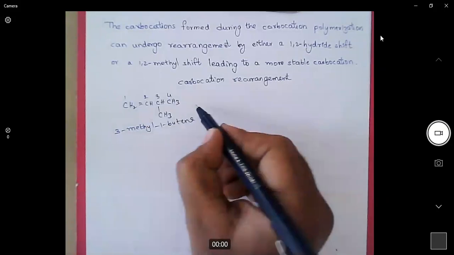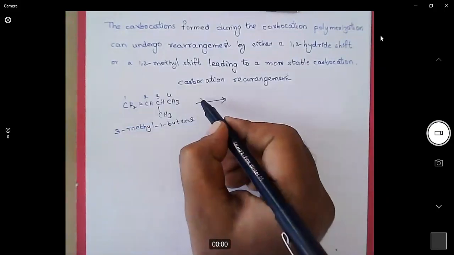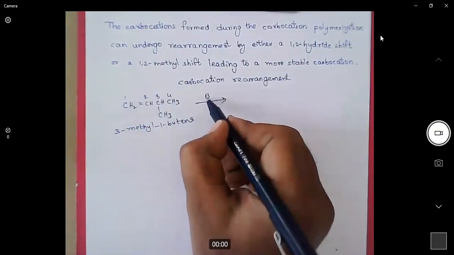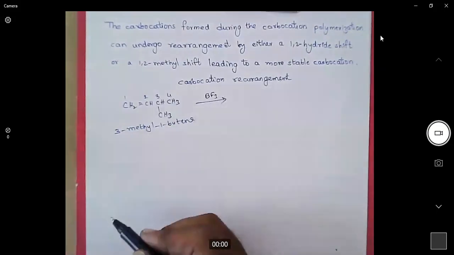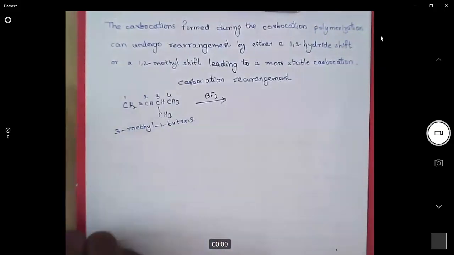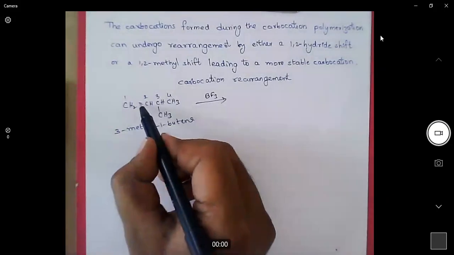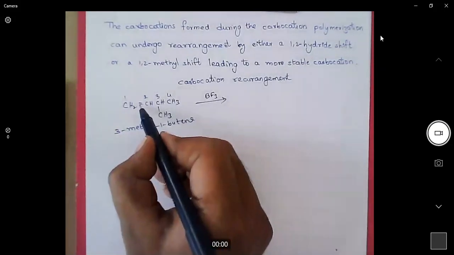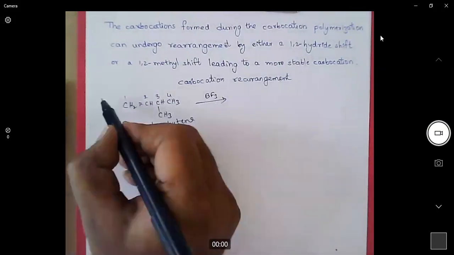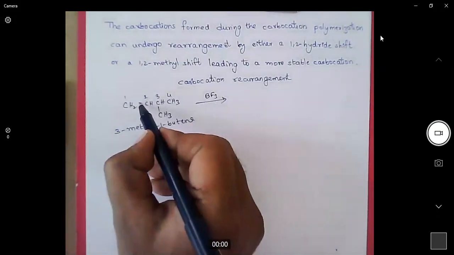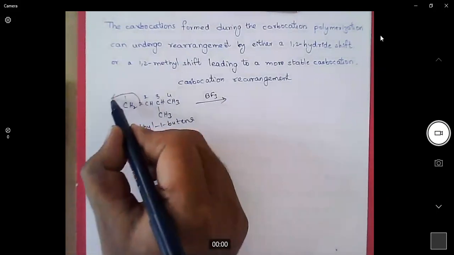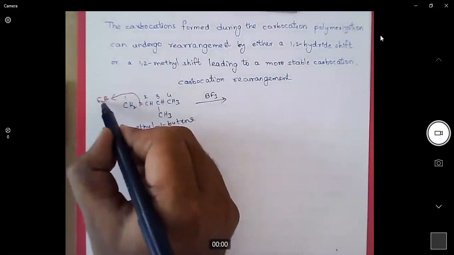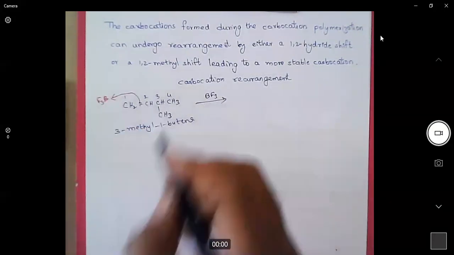When we do polymerization using cationic polymerization, what happens? Initially, this double bond will react with a Lewis acid, BF3, so that it generates a carbocation here. This double bond will add to BF3 and this carbon generates a positive charge.